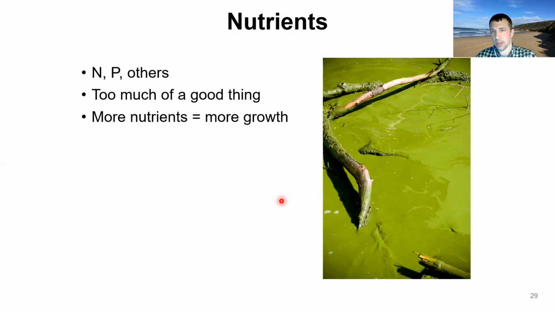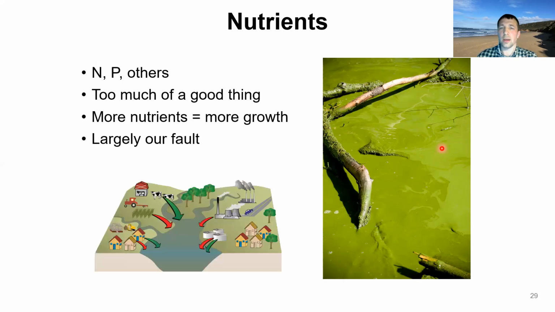Okay, and this is a big problem because even though you might say, oh, that's great, plants, they're carrying out photosynthesis, they're sequestering carbon, producing oxygen, that's wonderful. But if you live on the bottom of this water body, that's not a good thing, because all these nutrients which wash into the watershed cause this bloom, but these algae will actually consume the nutrients up to a point where something else becomes limited.